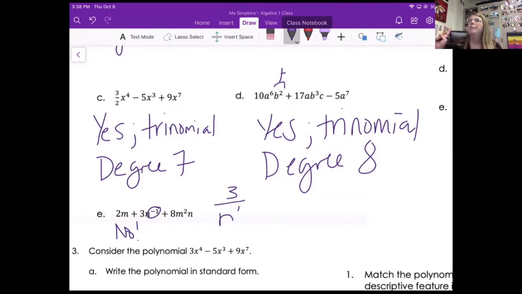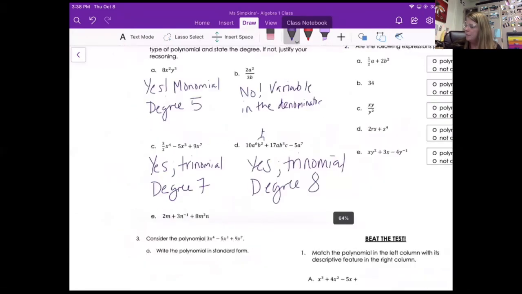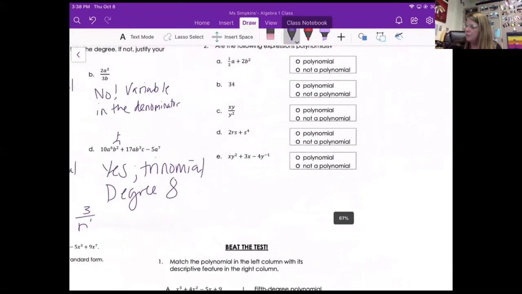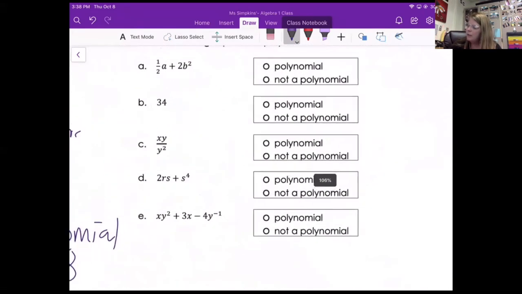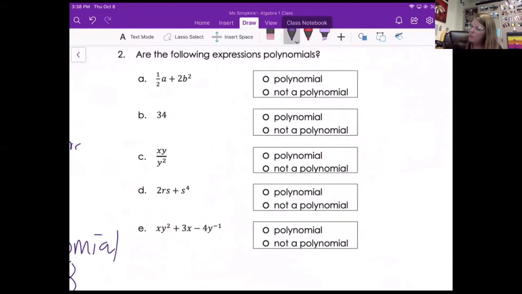Okay, 2 more things I promise, and then we'll be done. So quickly, A, polynomial or not? Yes, polynomial. B, yes. Quickly about this one, it's a monomial. Does anybody know its degree? 34. No. 0.